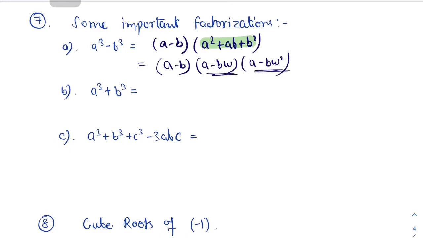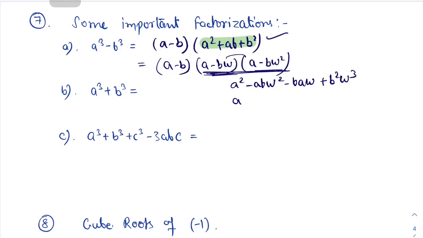You can multiply these two and check by yourself that we are going to get a square plus ab plus b square. Let me multiply: a square minus ab omega square, then minus ab omega, and plus b square into omega cube.